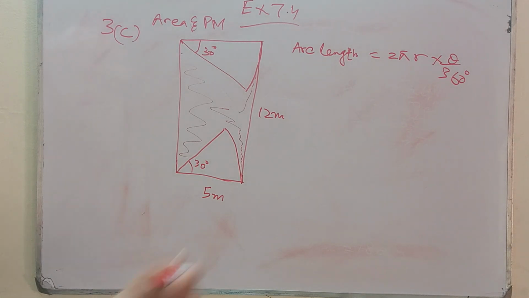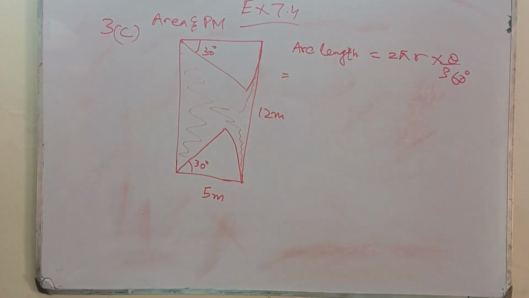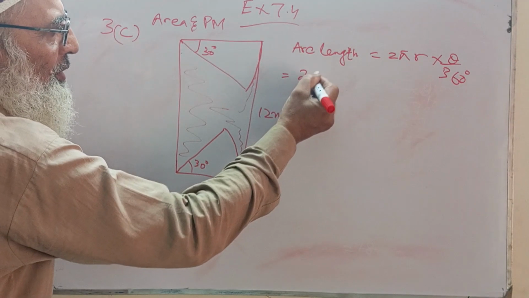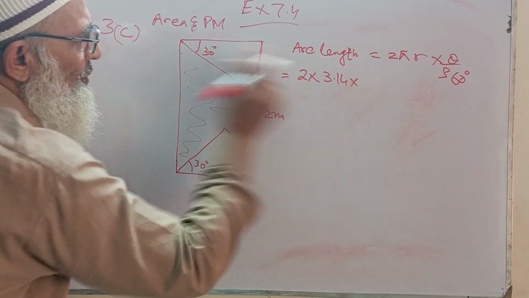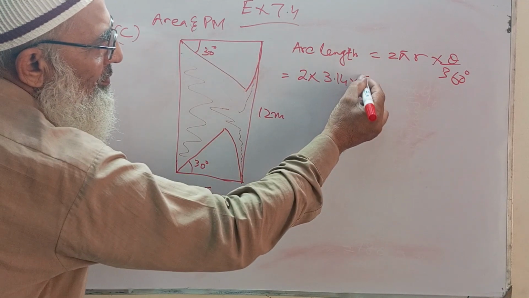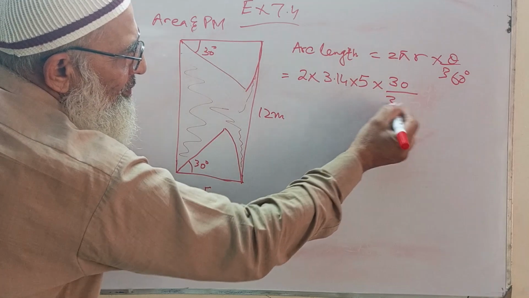Now, my dear students, what is 2 pi r? It is equal to 2, we know, pi we know, r we know, theta we know, 360 we know.